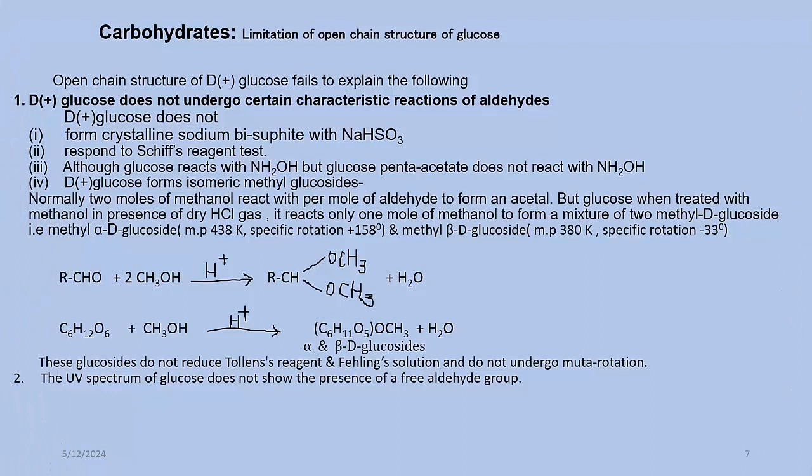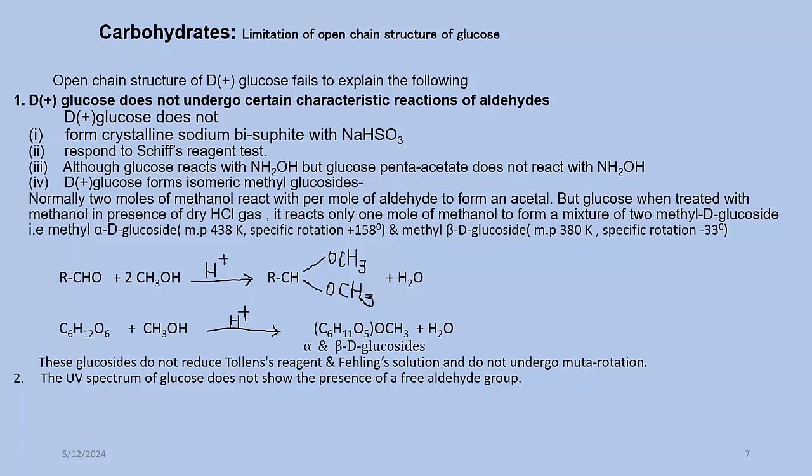Considering the limitations of the open chain structure of glucose, in other words, we can say demerits in the open chain structure. That means in a glucose sample there may be some ring chain or some other structure of glucose than the open chain structure.